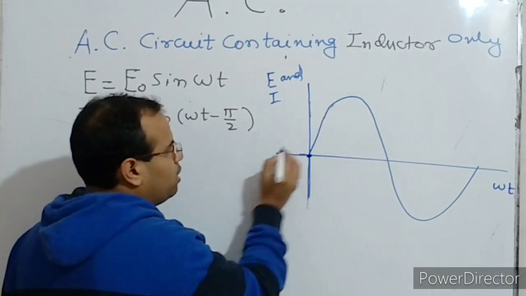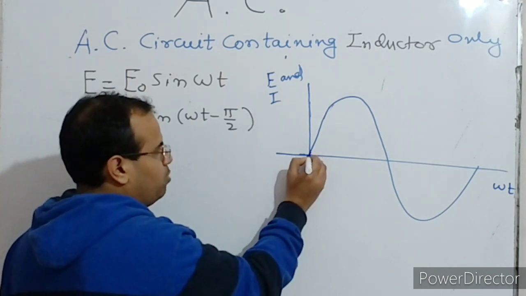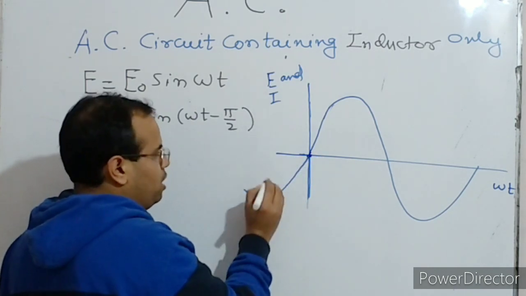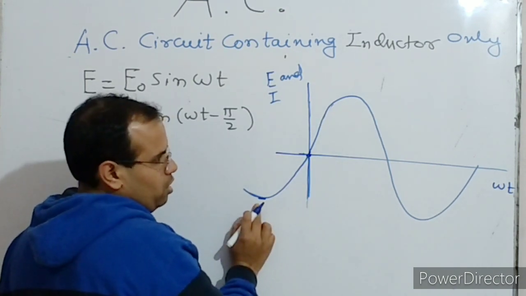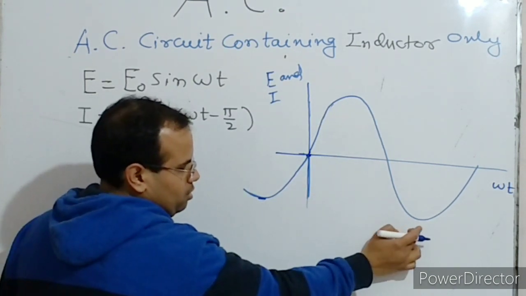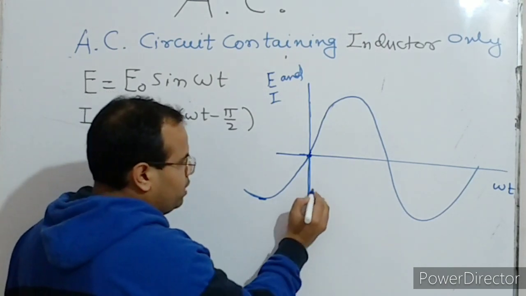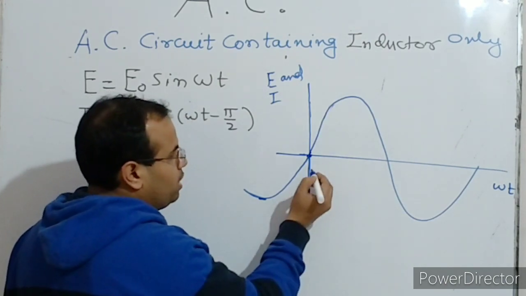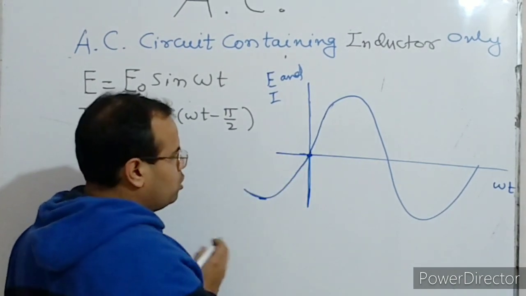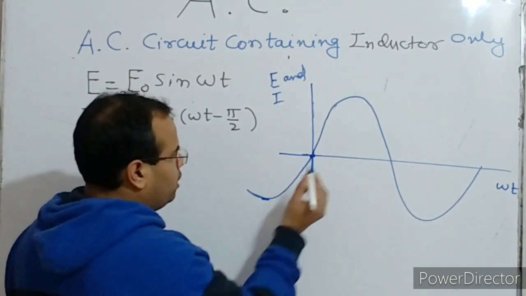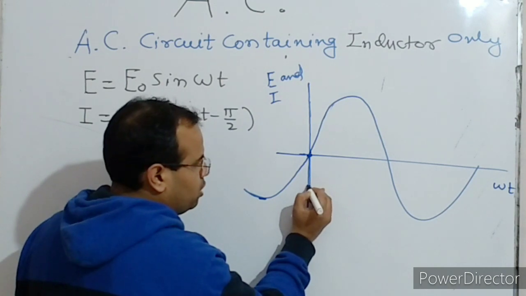See, EMF is having the minimum value here, correct or not? Like it had here. So current is having this minimum value, but at this point, because it is lagging behind the EMF by pi by 2. So that's why the value of current at this point would be here.